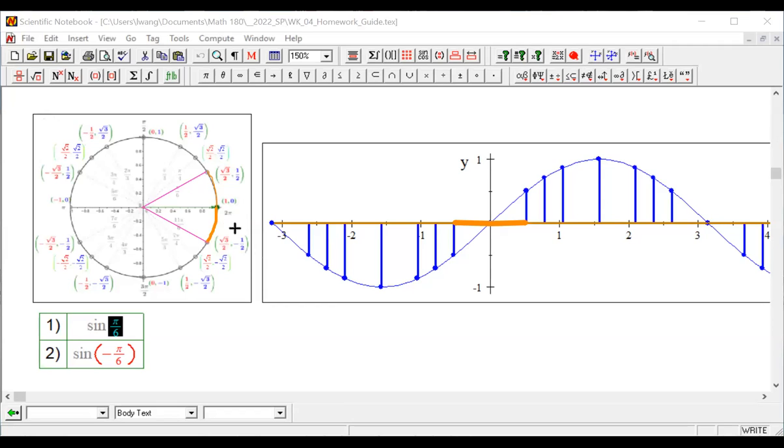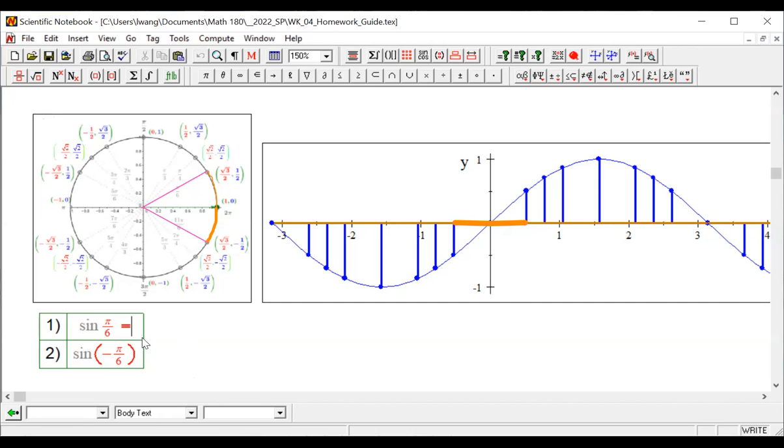So we're really citing the definition, and reflecting on the definition. Here the blue dots, this is positive, this is negative. So not only do you see those numbers, you have a visual. In fact, you actually don't need to know the actual value. You know that when the inputs are opposite, negative pi over 6 and pi over 6, their outputs are also opposite.